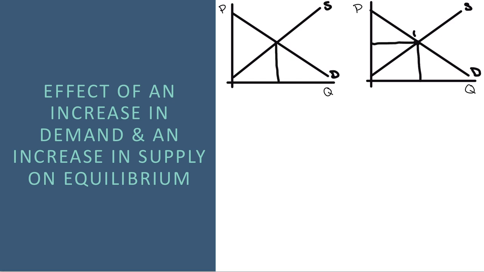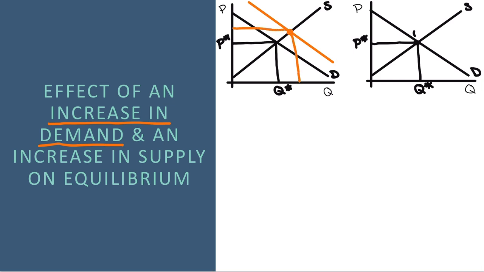We care about the intersection point. That's our P star and our Q star. And now we have an increase in demand. On our first graph, which means our demand curve is shifting to the right.